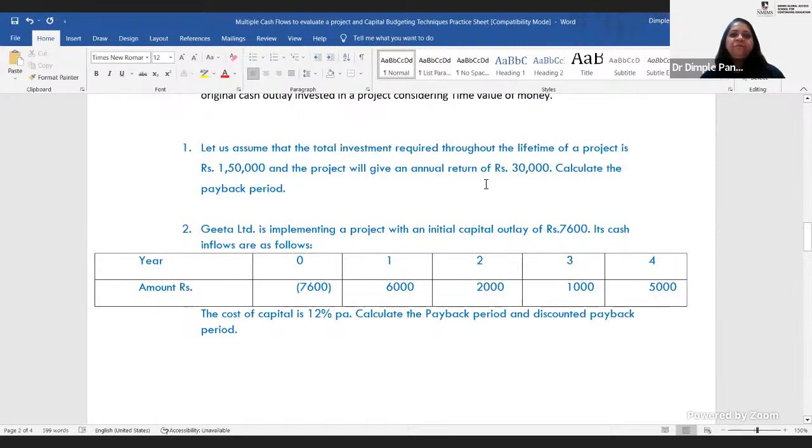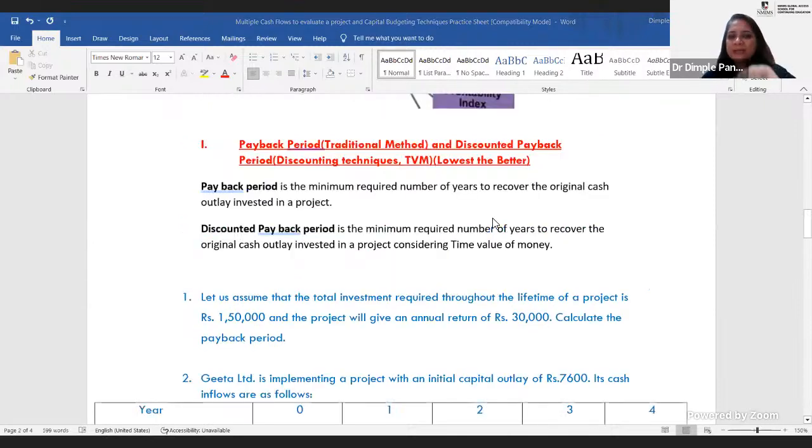Okay. So the first one is payback period. Traditional method, time value of money is not used. The meaning of the payback period is how long it will take for me to recover my initial investment. Now, if you are the corporate finance manager, do you want the recovery of your money faster or slower?